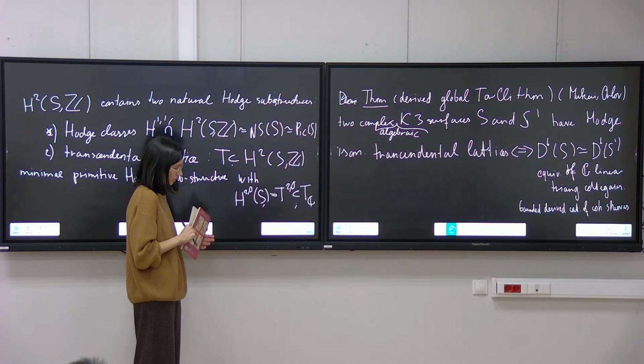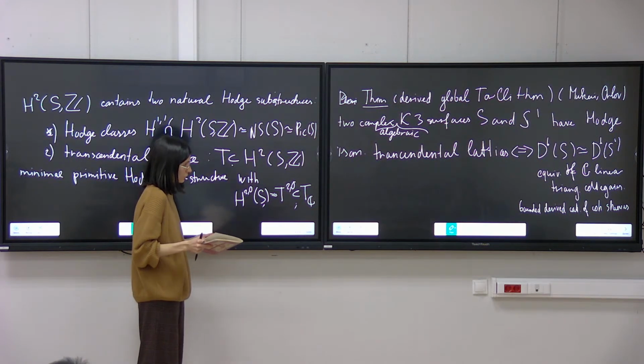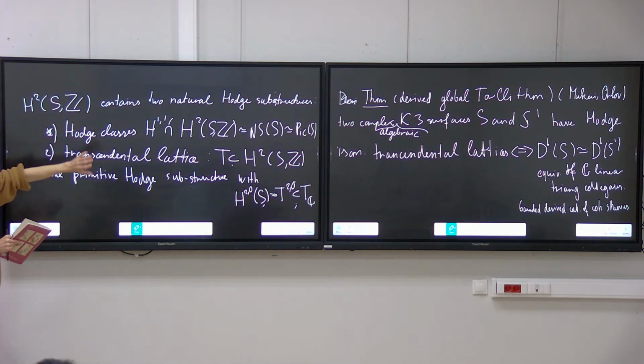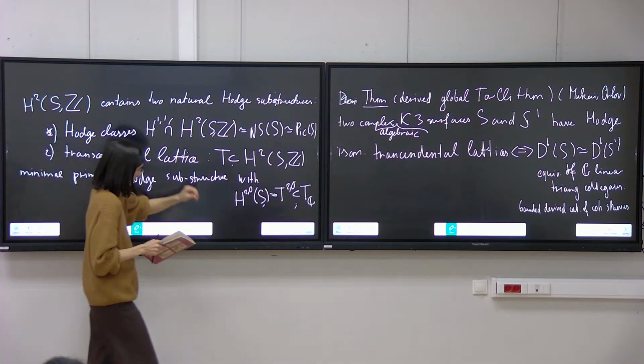And in the end, I would like to formulate the classical Torelli theorem for complex K3 surfaces in the whole generality. Okay, so this was just formulations, and now let me discuss some more concrete things.